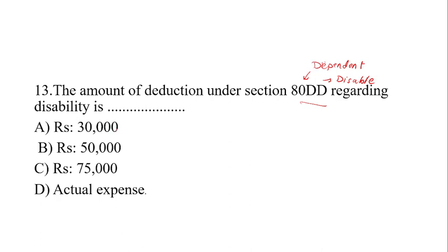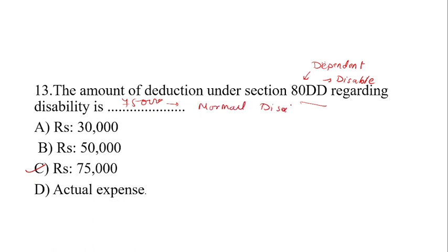So what will be the answer? 30,000, 50,000, 75,000, or actual expenses? Option C, that is 75,000 in case of normal disability.